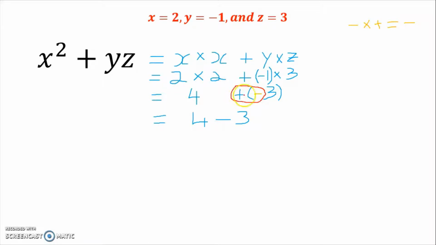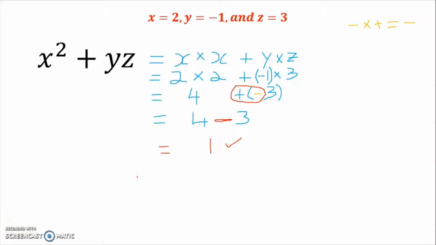Anytime that occurs, the resultant sign is negative. So 4 plus negative 3 equals 4 subtract 3, and 4 subtract 3 equals positive 1. So the value of the expression x squared plus yz equals positive 1.